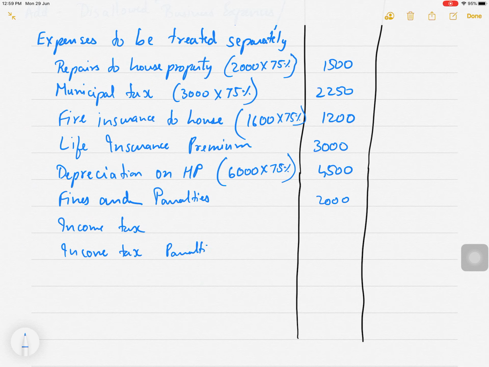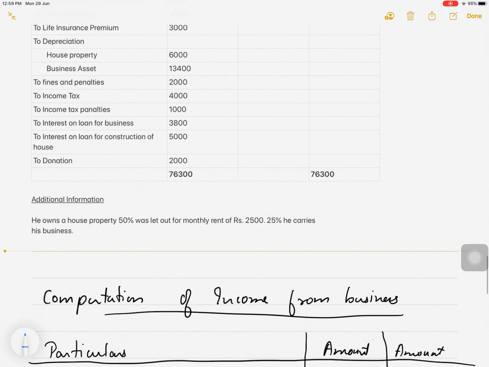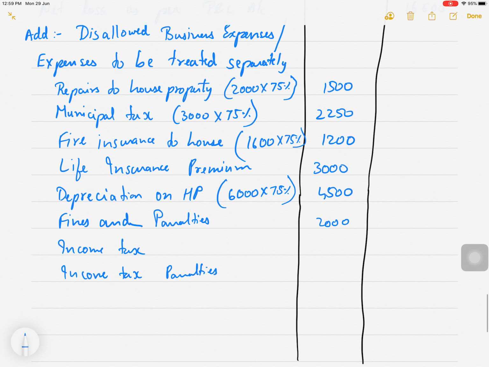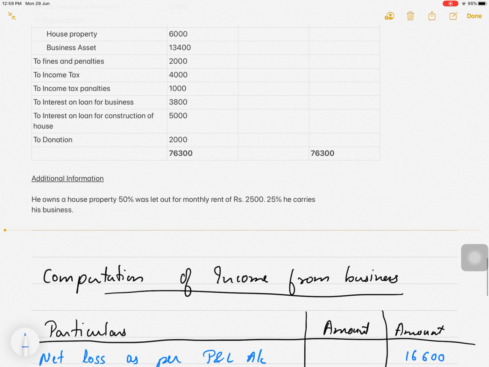Income tax and income tax penalties, which is 4,000 and 1,000.